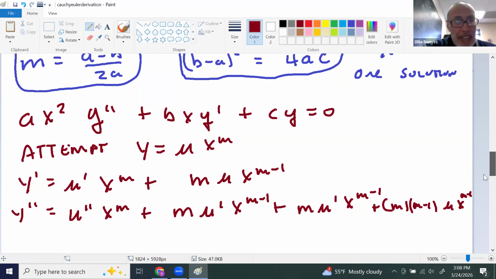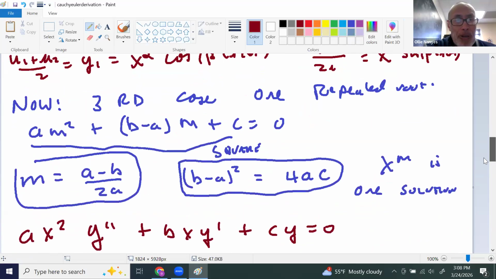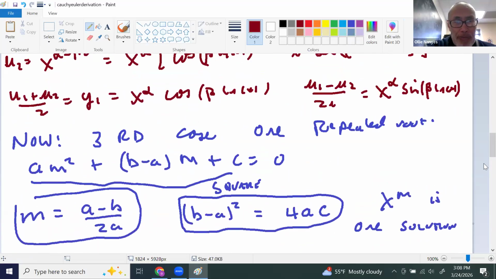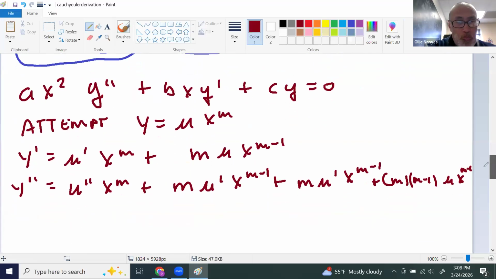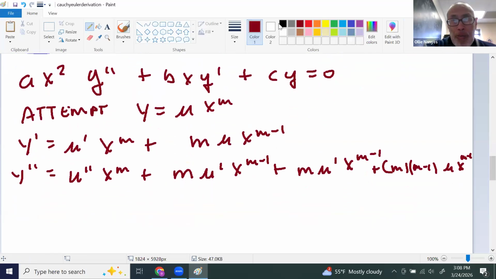Okay. Now what we're going to do is dump into our original differential equation, right? So we're going to now put this in. And notice these two things combine.